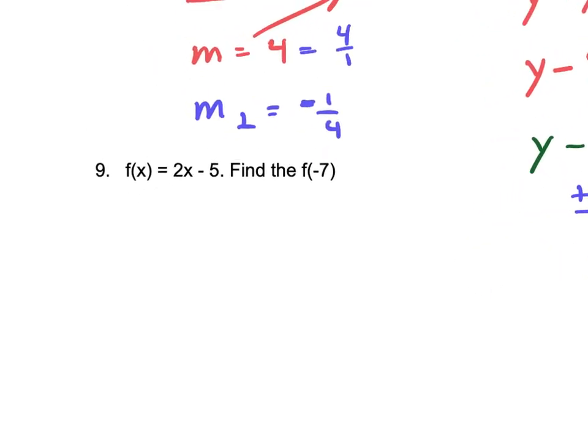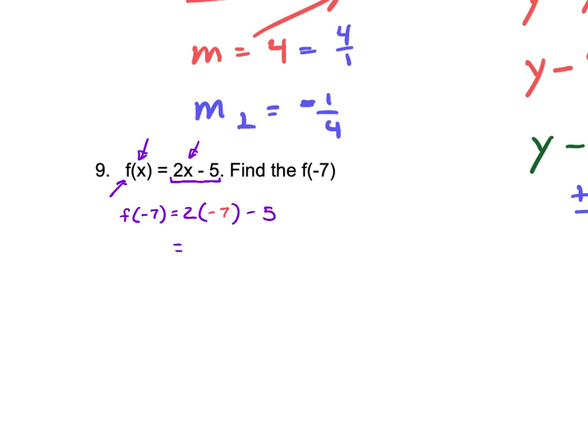Find the f of negative 7. See how this is, and I just want to reiterate this. Name of the function, so it's called the function f, and here it is. That is function f, 2x minus 5. This is the variable, or the number that is inside function f, the variable in this case. So it's function f, and it has an x in it. If they want the f of negative 7, I just simply replace the x with a negative 7.